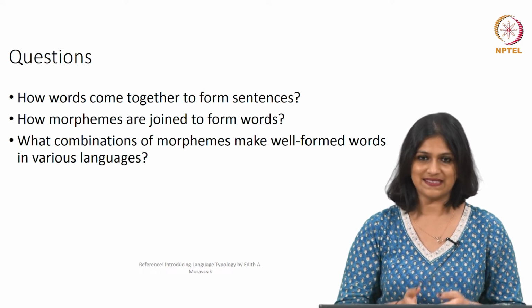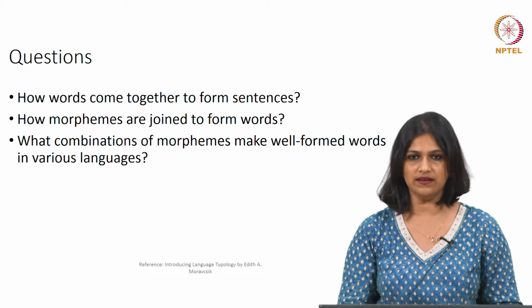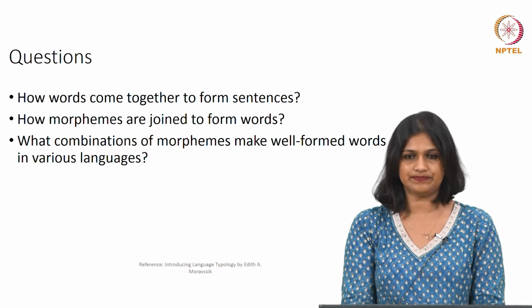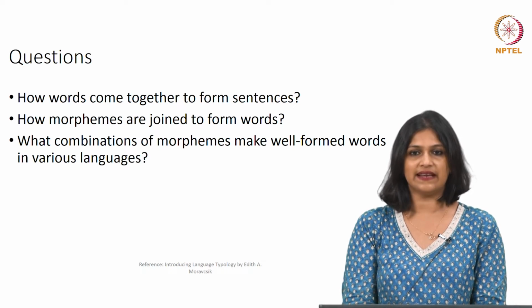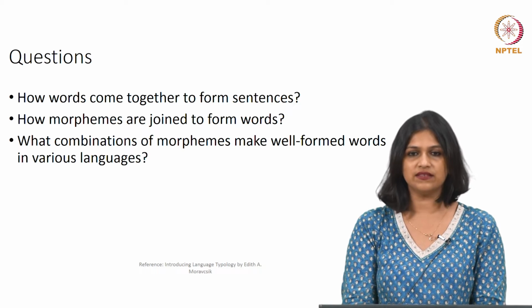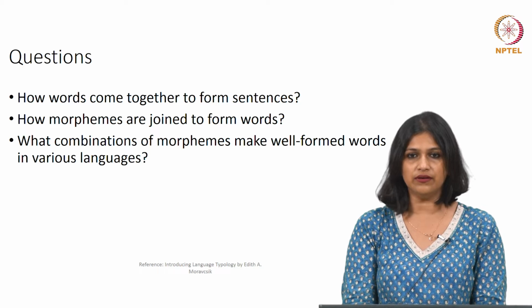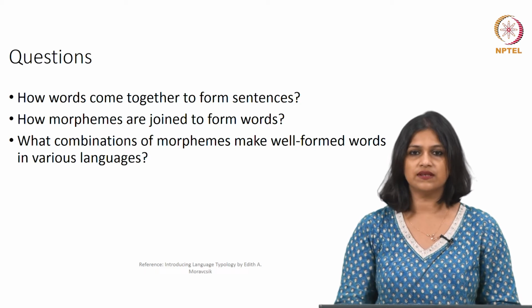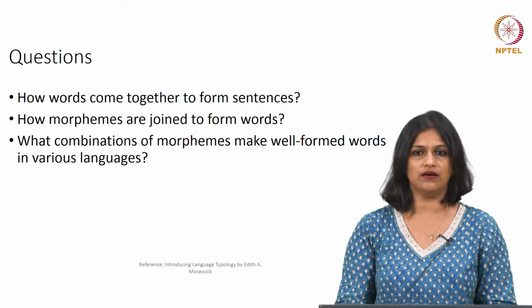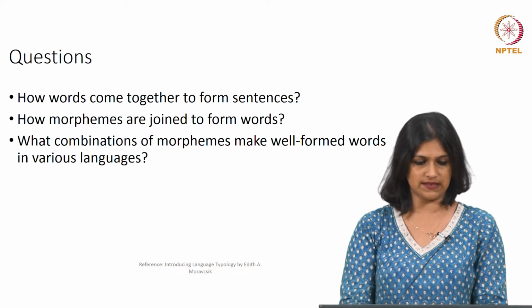Once the words are considered as words, we will move to the arrangement of words to make a sentence. We will answer the first question a little later, but before that we will try to figure out how we are going to arrange the morphemes together to form words. That is our intention.